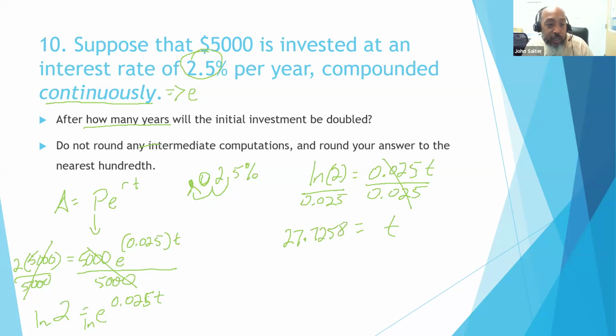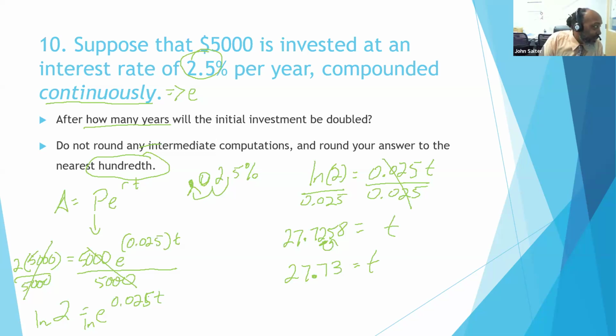Round your answer to the nearest hundredth. This is my hundredths. The number to the right is a 5, so it's going to round up to 27.73. So after how many years will my investment be doubled? About 27 years.